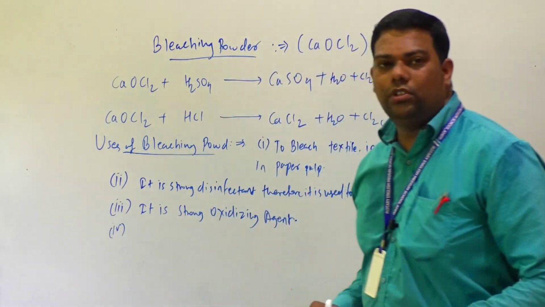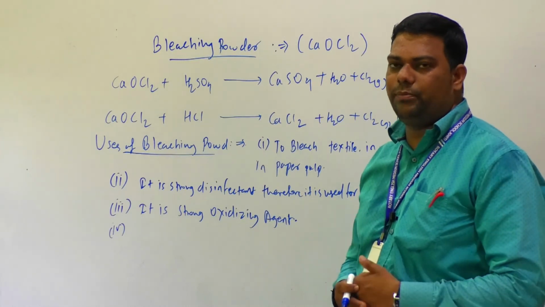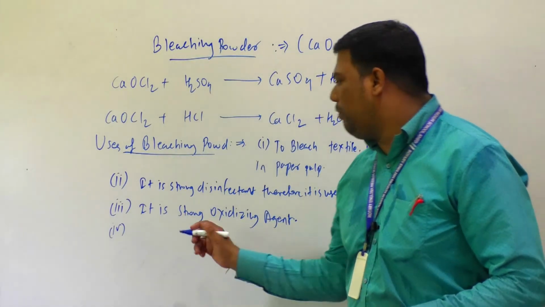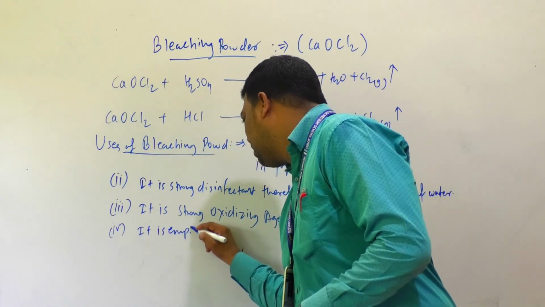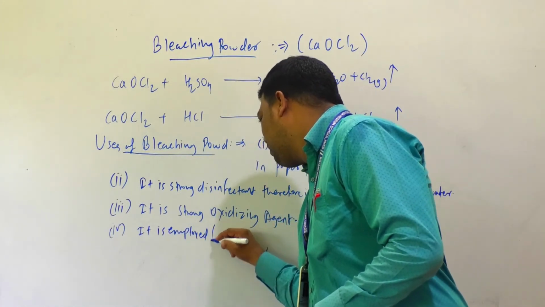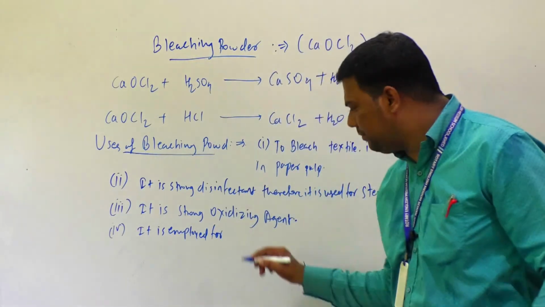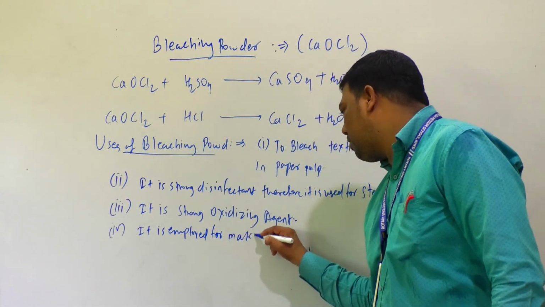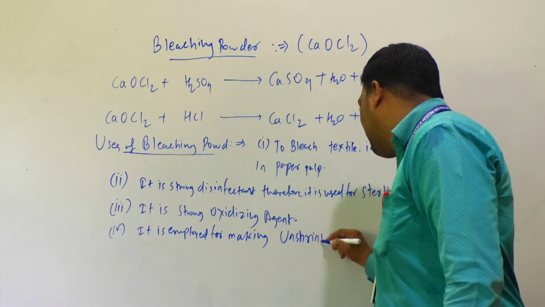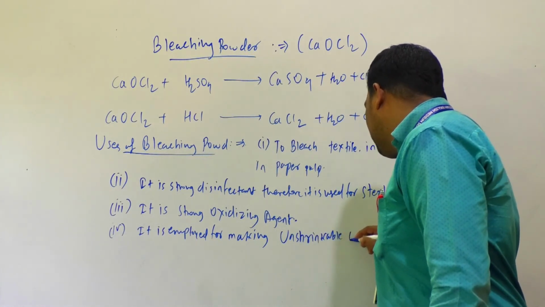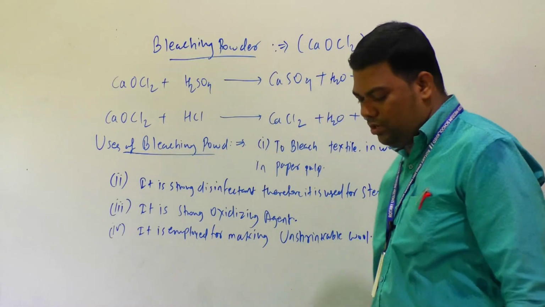Now, the fourth use of this bleaching powder: it is employed for making unshrinkable wool.